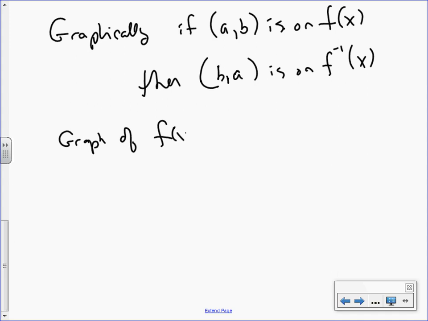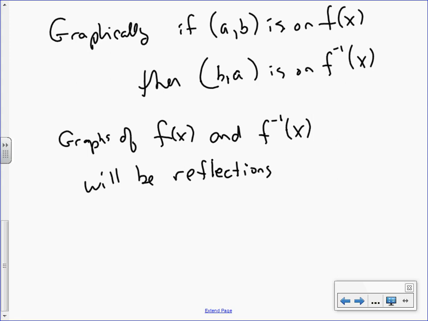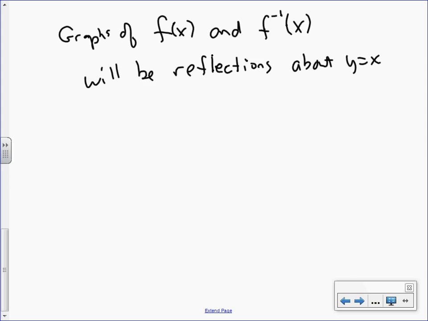When you do the graphs of a function and its inverse, they will be reflections about the straight line y equals x. The line y equals x is that nice line right through the origin, 45-degree angle, yes?